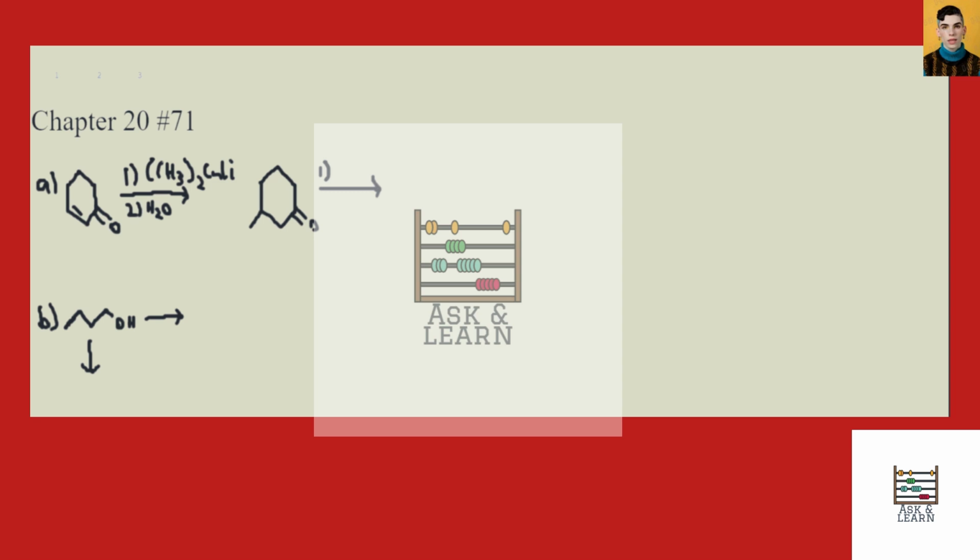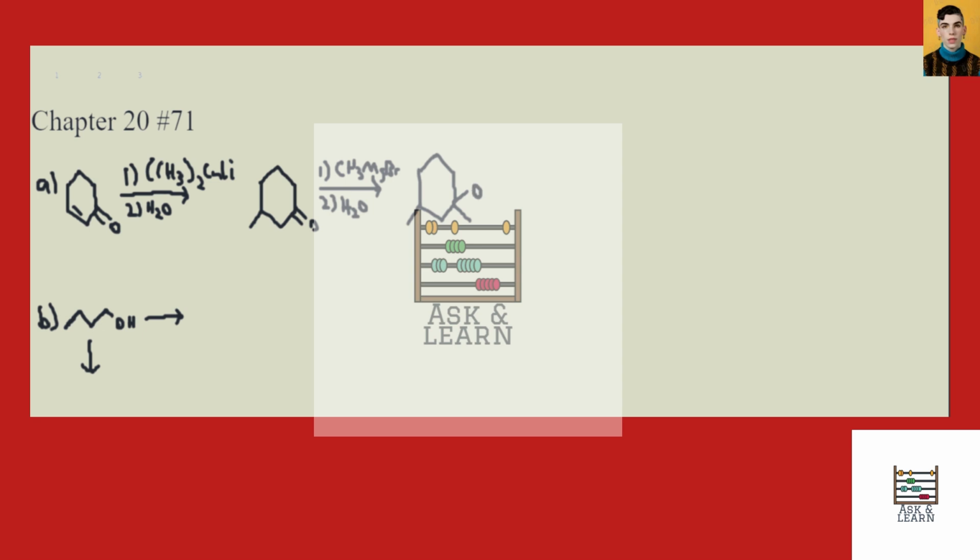We need a methyl group there. So we can use methyl magnesium bromide, again with a water workup, and that's going to install our other methyl group that we need and set us up to get rid of this alcohol that's here now.